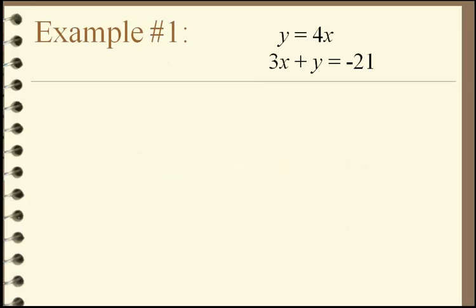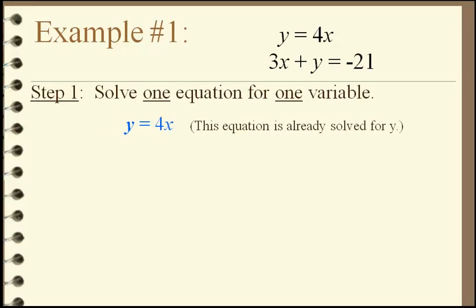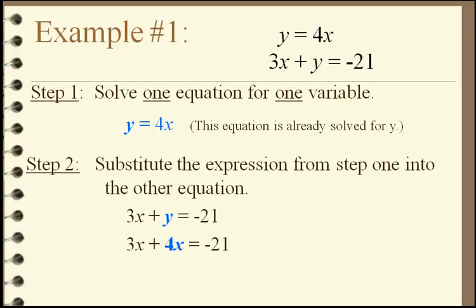So on your notes you have in front of you y equals 4x and 3x plus y equals negative 21. One of my equations is already solved for one variable. Y equals 4x. Now we're going to look at the other equation. Do you see a y in the other equation?